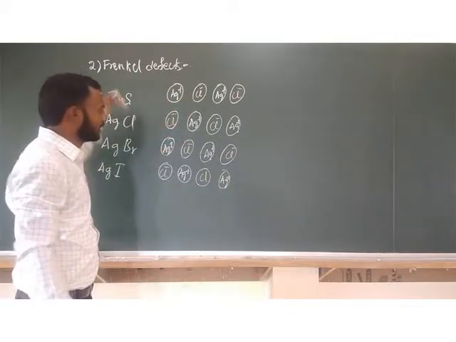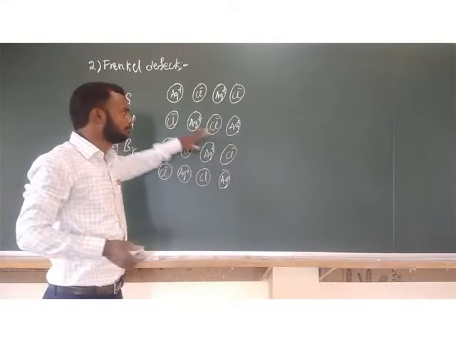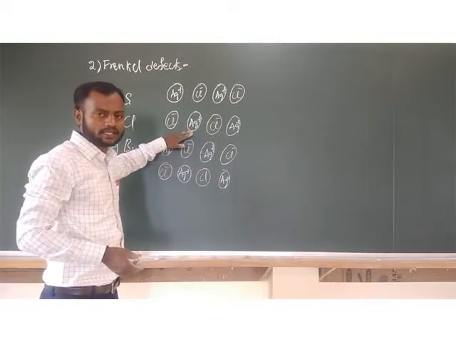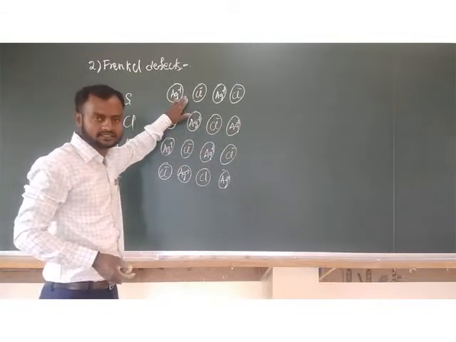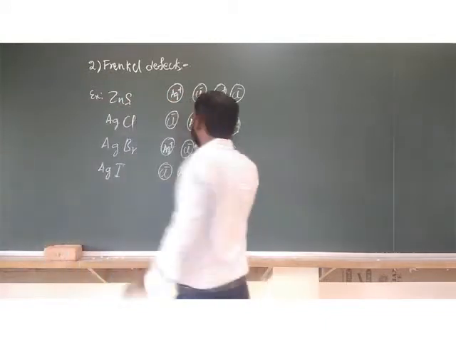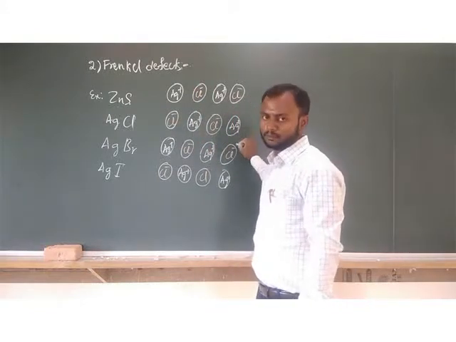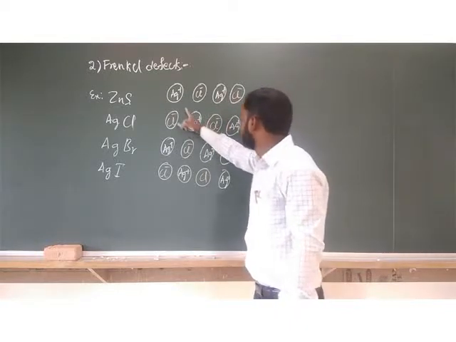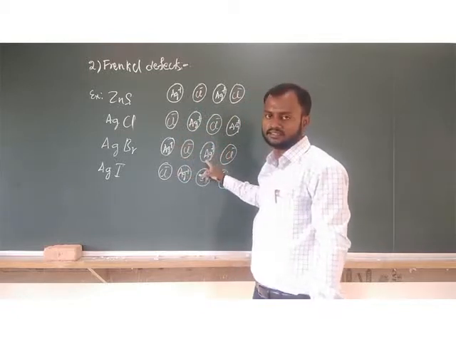So in Frenkel defects, this arises due to the missing of a cation from the normal site or normal position, which occupies the interstitial site or interstitial place. So for example, in this crystal lattice, this position is called a normal position, or normal site, and this position is called an interstitial site.